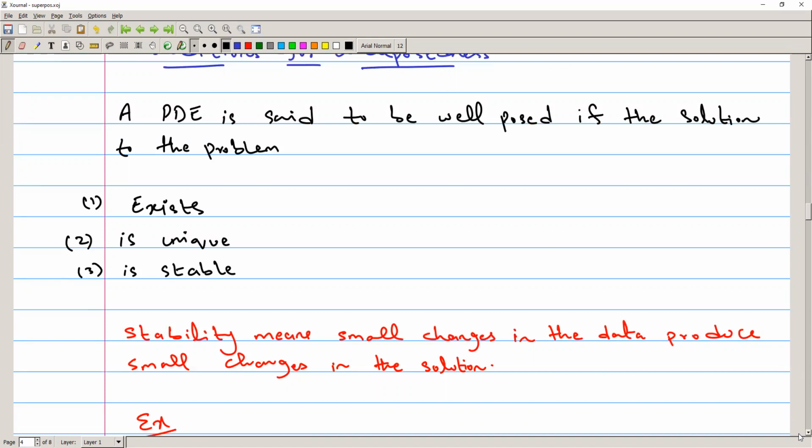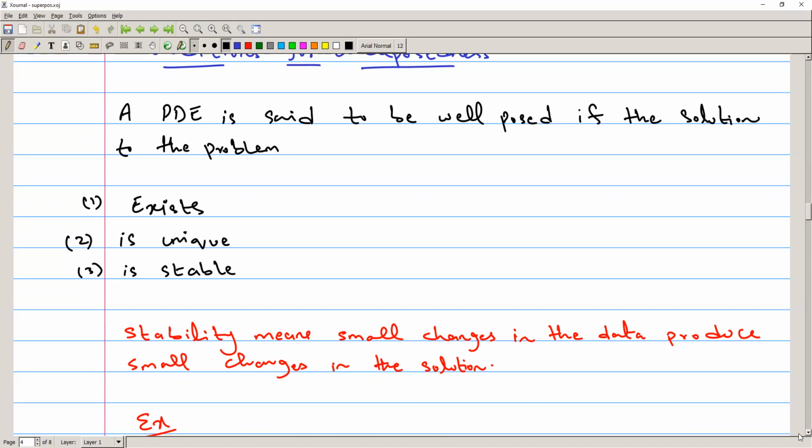What did it mean? The existence means that the solution to the problem exists, right? Condition number 2 is saying that the solution is unique, right? Like we cannot get more than one solution. We will get only one solution. So we call it a unique solution.